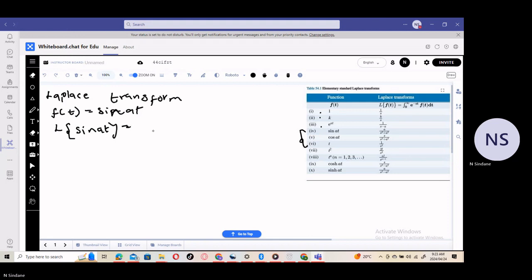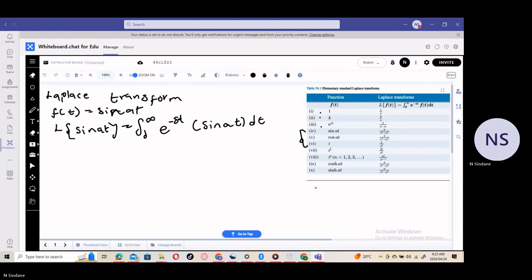This is equal to the integral from 0 to infinity of e to the power minus st into sine of at dt, right? Definitely you can see that this requires us to use integration by parts.